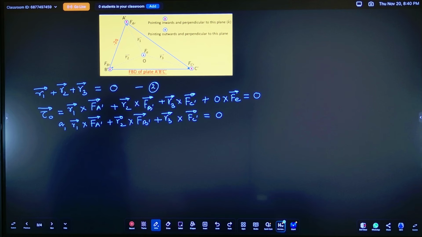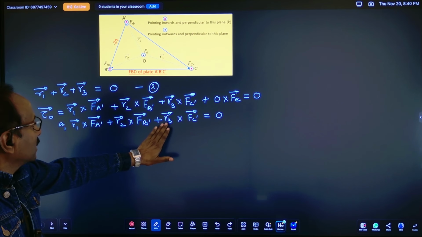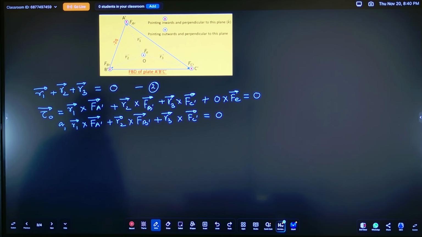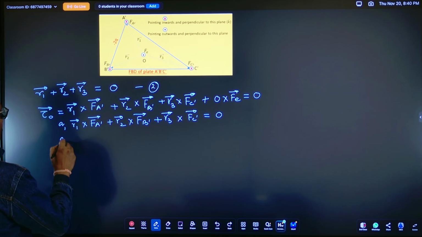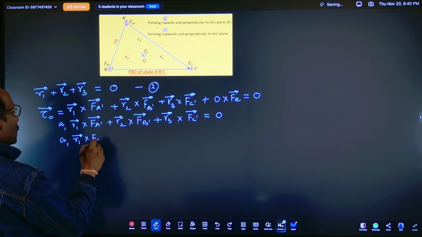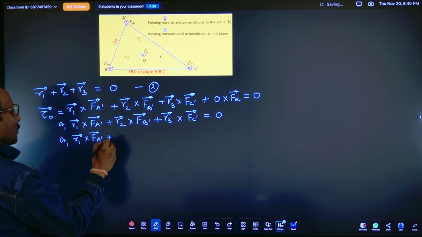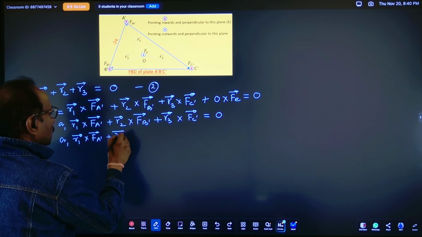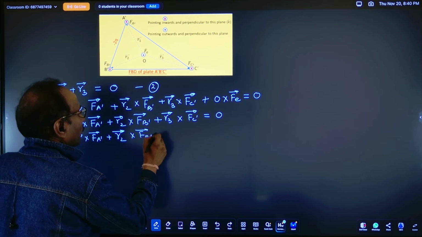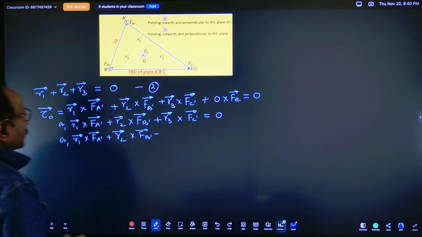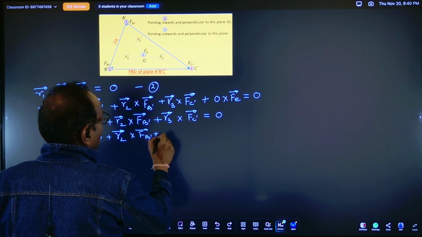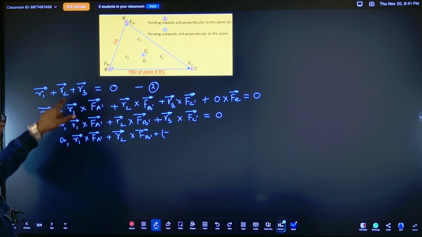So if we replace R3 in terms of R1 and R2 from equation 2, what will we get? R3 will be minus R1 minus R2.